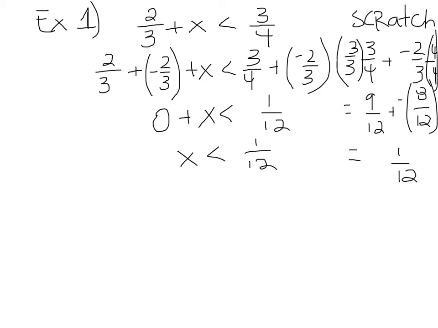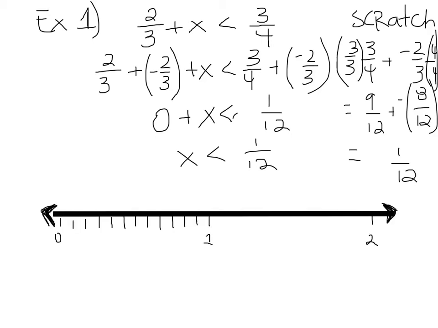So now I need to make my number line. Here I have my number line. I know that the less than symbol means that this solution set does not include 1/12. So I need an open circle at my 1/12.